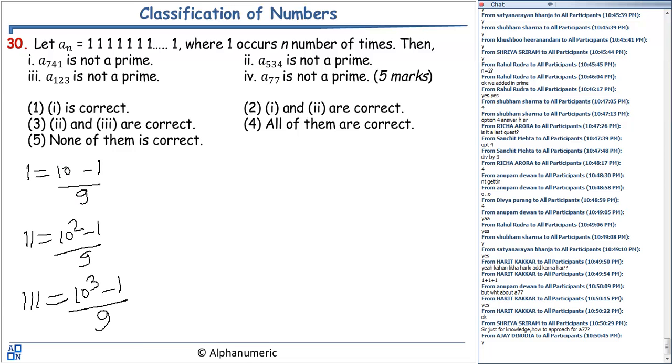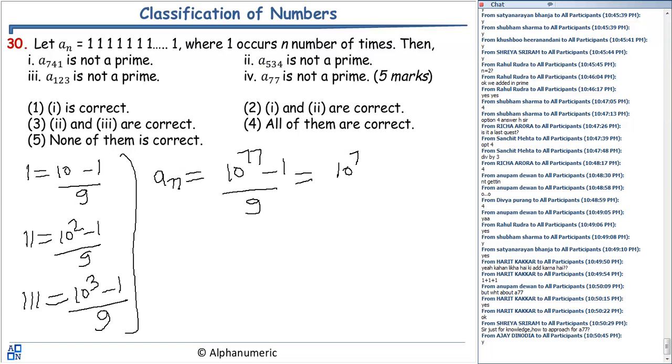So on the similar logic, I can say A77 is equal to (10 raised to power 77 minus 1) by 9, which is equal to ((10 raised to power 7) to the power 11 minus 1 to the power 11) by 9.